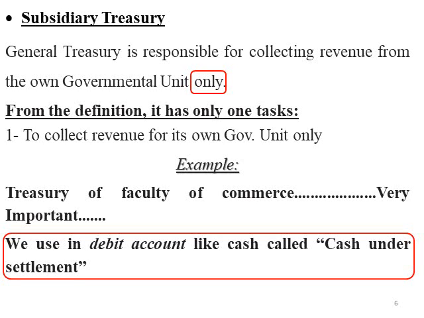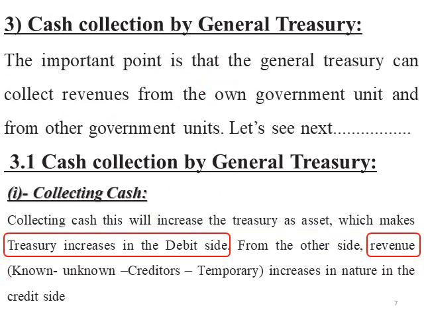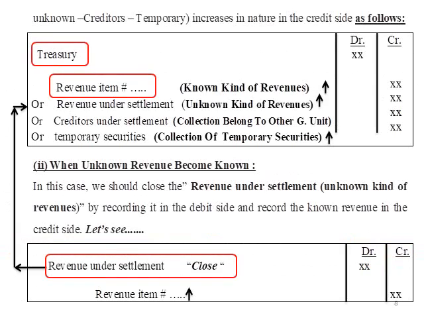But subsidiary treasury just collects revenue for their own governmental unit, not for other governmental units. So again, general treasury can collect revenues from their own governmental unit and for other governmental units, but subsidiary treasury can collect from their own governmental unit only.